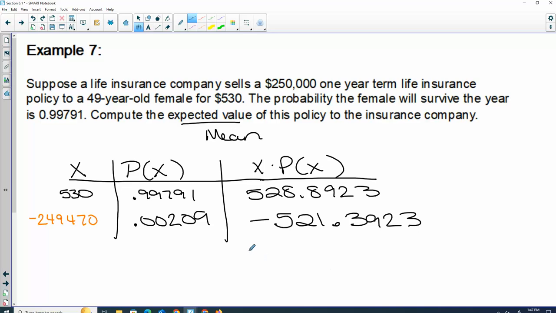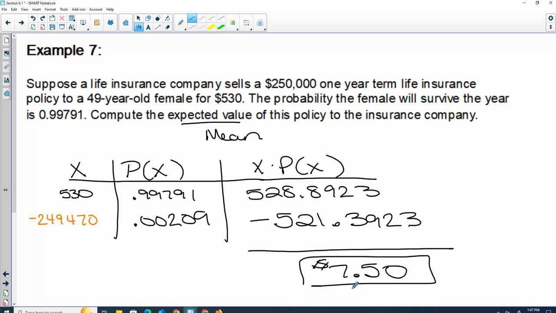So if we add those together, we're talking in money. That means the company would expect to make $7.50 for every person they insure. Now, again, that only works if they're insuring a lot of people, but that is their expected value. Any questions about that?